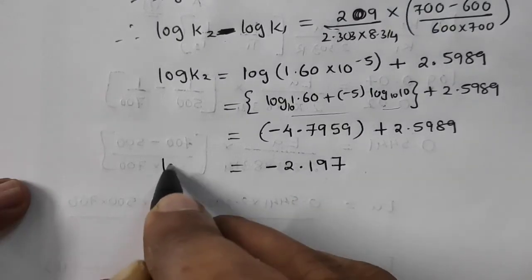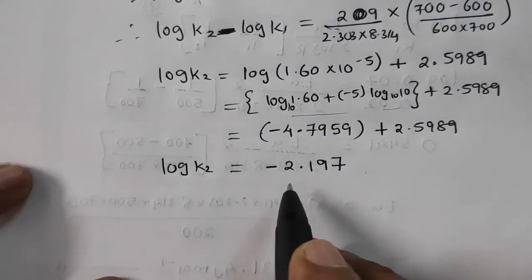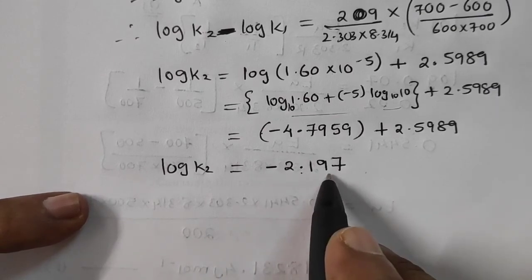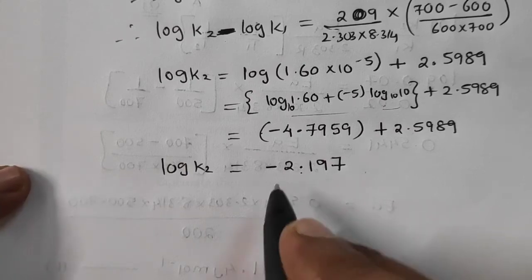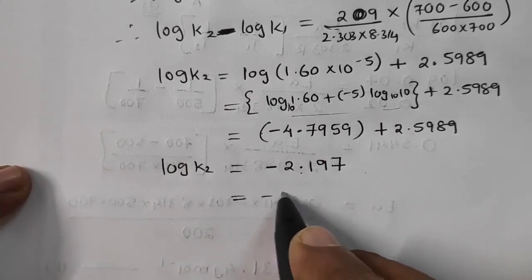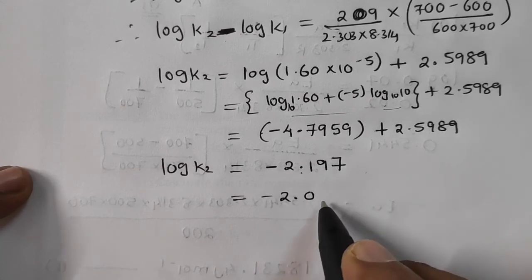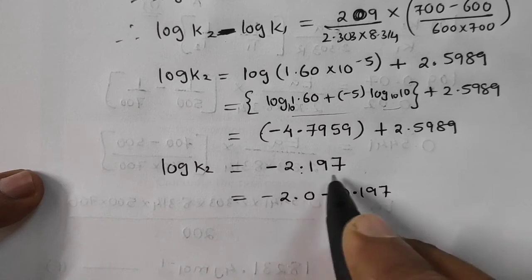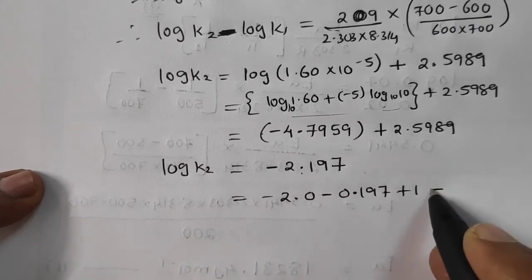Which is equal to a negative value, that is minus 2.197. Now for this, always remember, before the decimal part can be positive or negative, but after the decimal it must always be positive. So I will write minus 2.0 minus 0.197, plus 1 and minus 1.